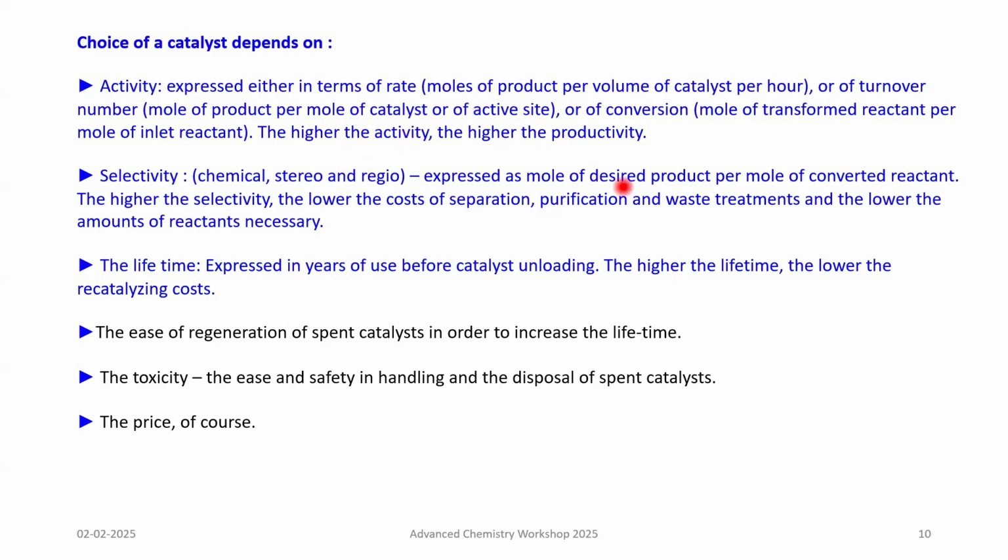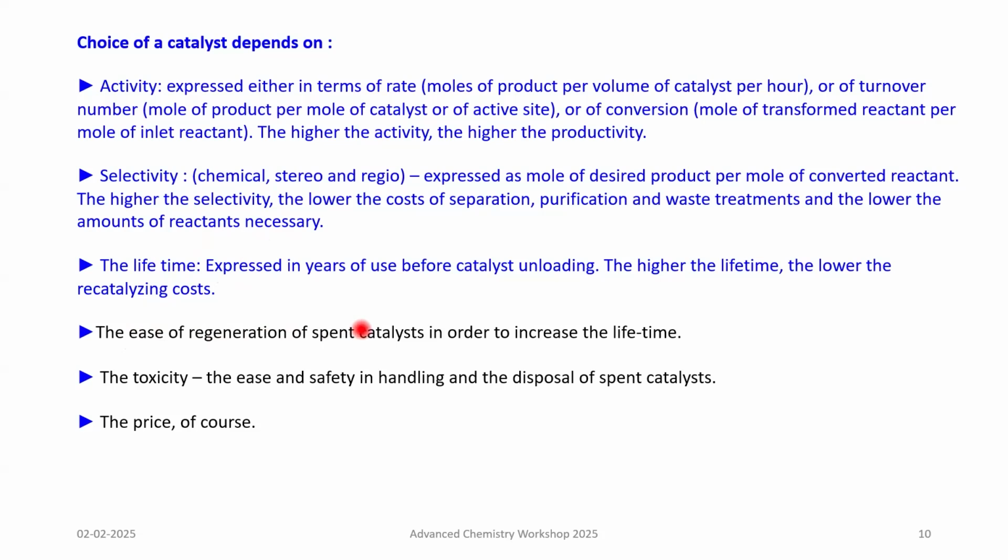So, the higher the activity, the higher the productivity, of course. There is selectivity: chemical selectivity for a particular product, stereo selectivity, regio selectivity. As I said, chiral surfaces can give you stereo and regio selective products, okay. Lifetime is also important when choosing a catalyst. Suppose you use the catalyst for some time and then you have to regenerate it.